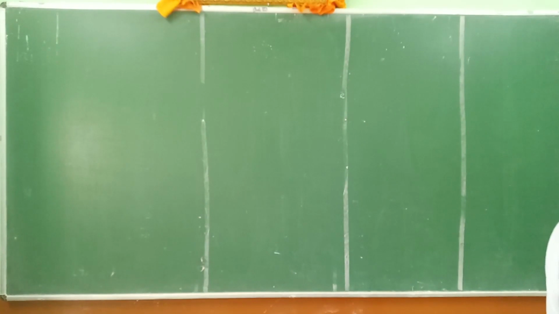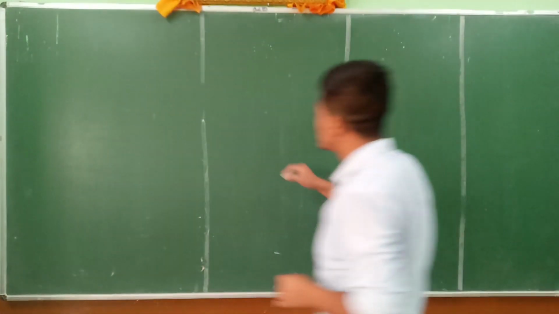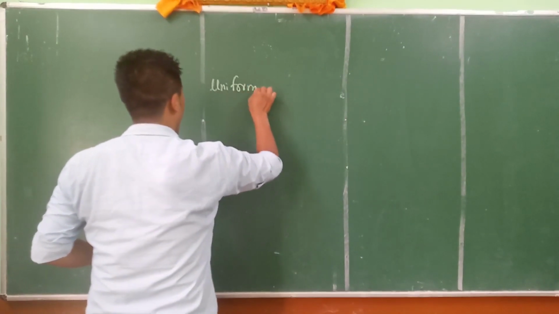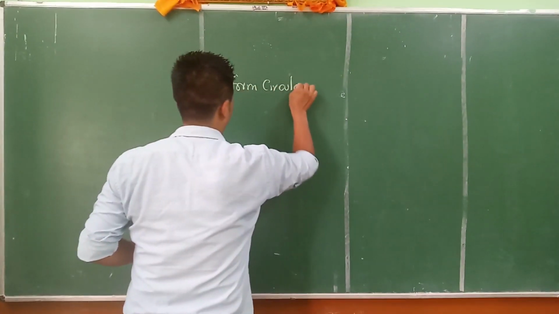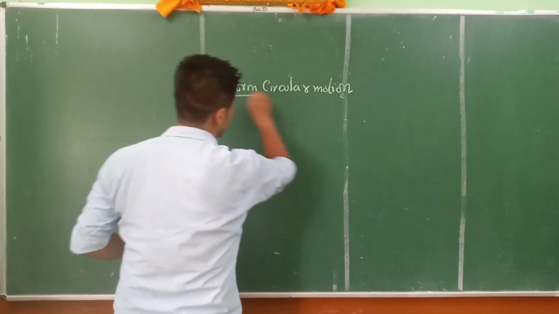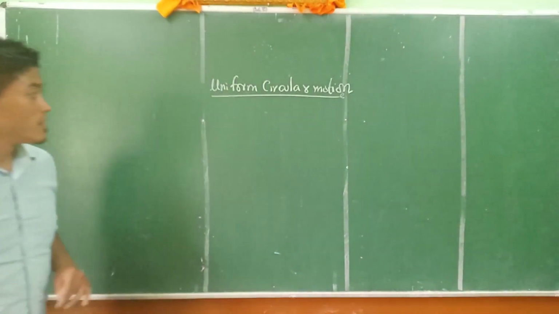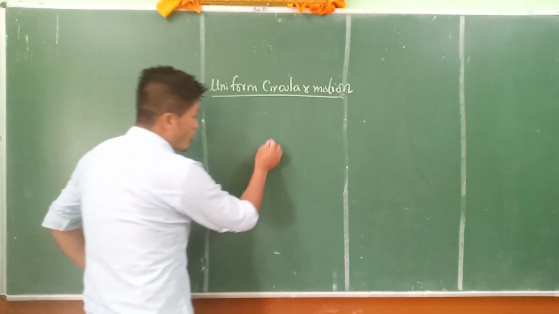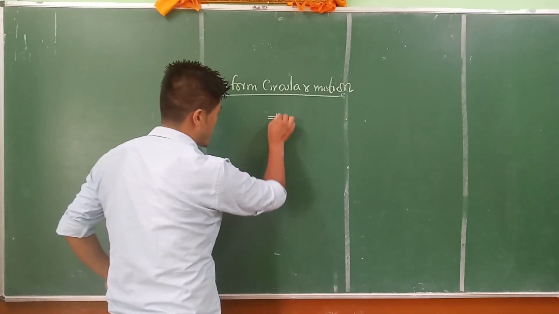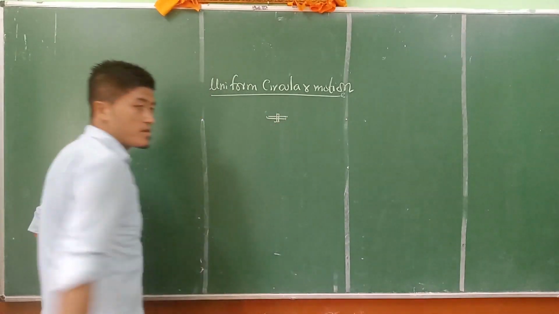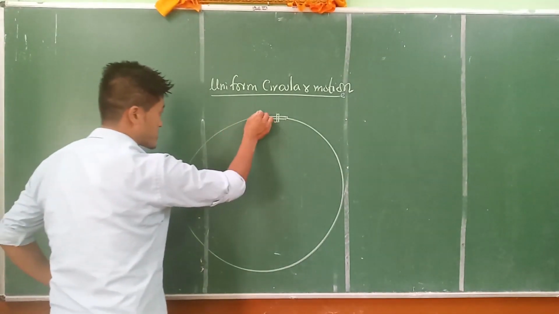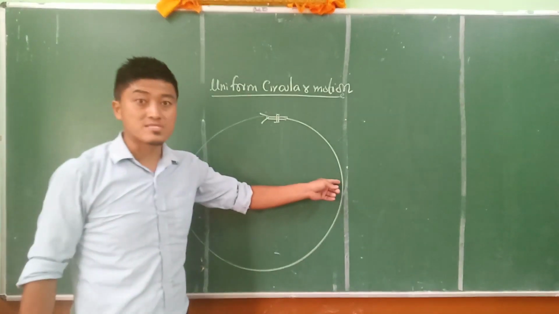So talking in terms of uniform circular motion. If any kind of object, let's say this is a satellite which is high up in the sky, moves in a circular pattern with a uniform speed.